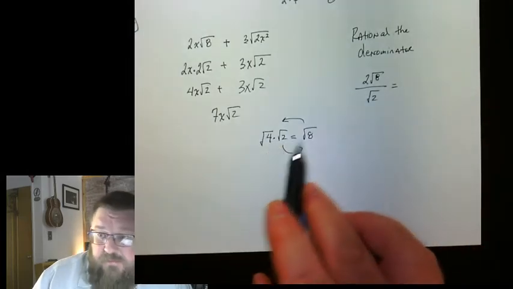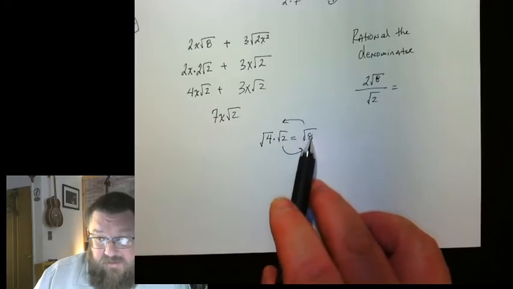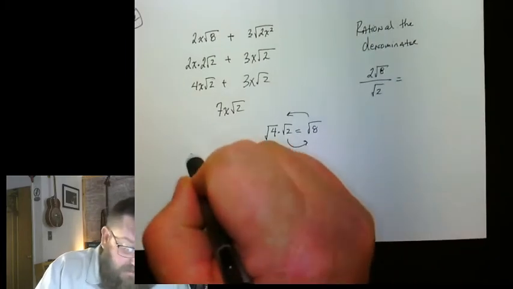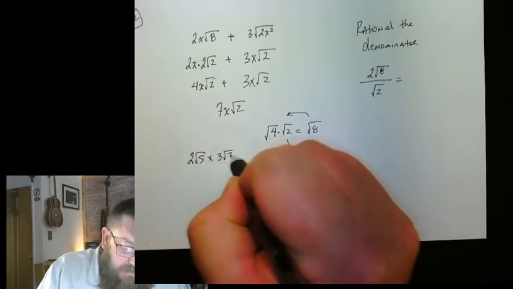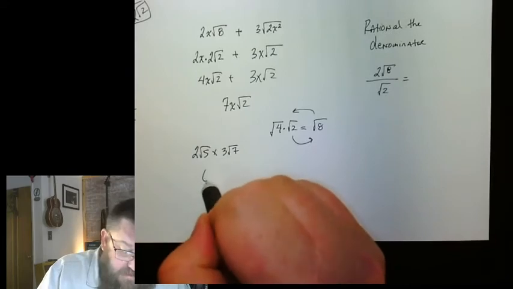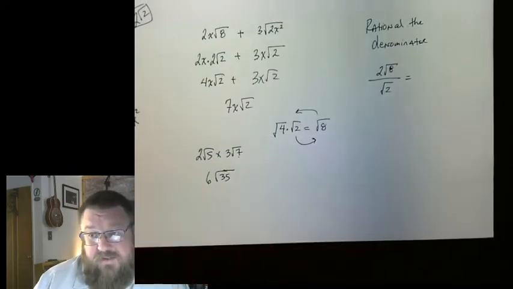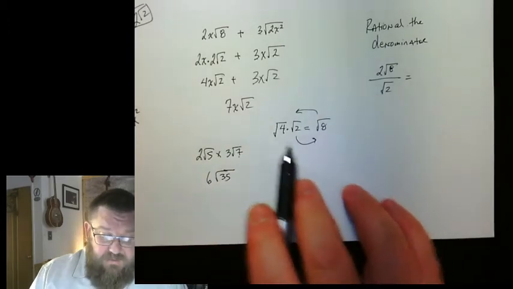You can start with something that's broken apart and multiply those radicands together, or you can take something that's all together and factor it and break it apart. Depends on the situation, right? So like if you had 2 root 5 times 3 root 7, just to review, that'd be 6 root 35, 5 times 7. Now, that's simplified because 35 does not have a factor that's a square number, so it's done. So either way, it goes like that.